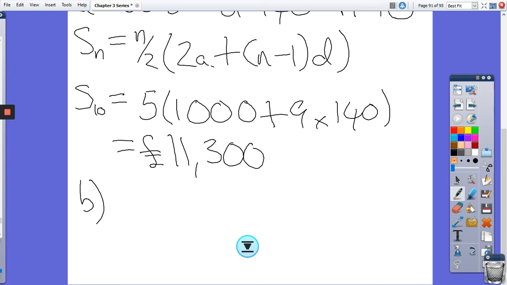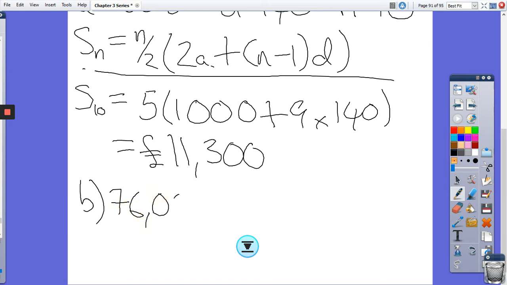So this time we're going to use the sum formula again, but we're going to have to do some rearranging because we know that 76,000 is going to be, well, we don't know what n is equal to. So we've got n over 2. a doesn't change. Going down the first 50 meters, it's going to cost us 500.